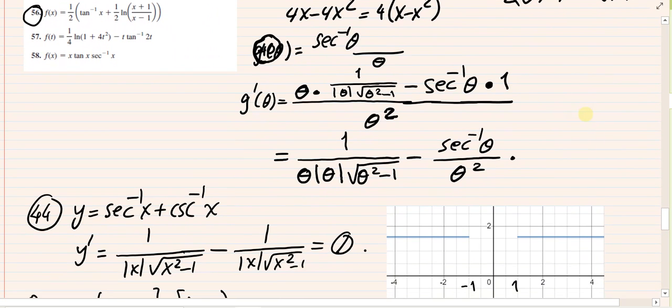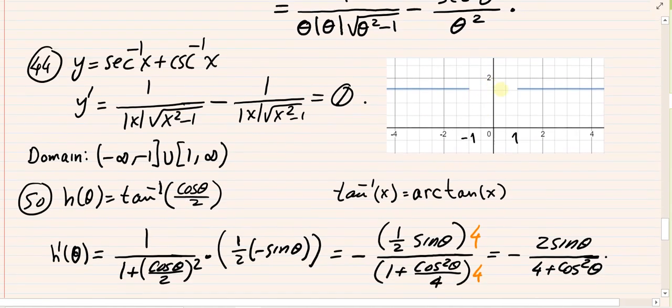In number 56, the function is half of tan inverse x plus 1/2 natural log. Boy. Okay, let's take a look at this one, number 56. Now I can go ahead and distribute the 1/2 inside, or we can keep it on the outside, it doesn't matter.